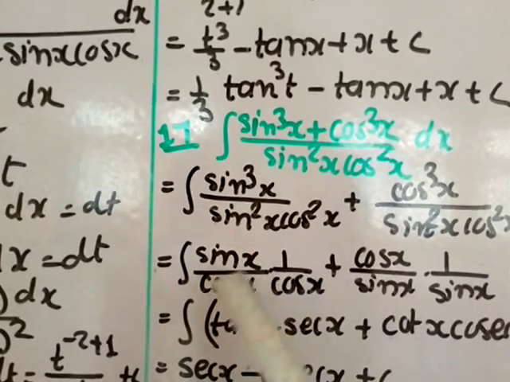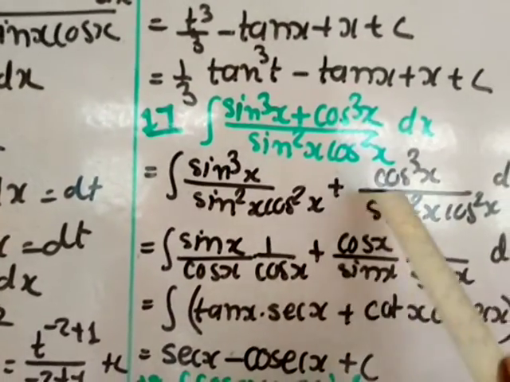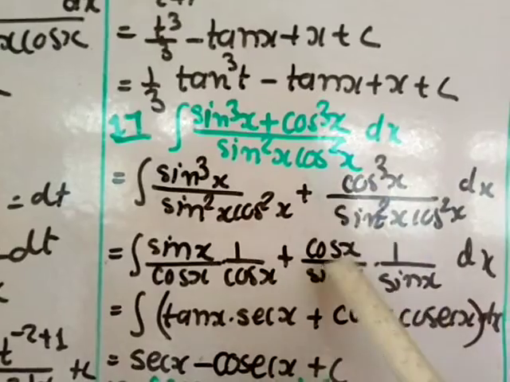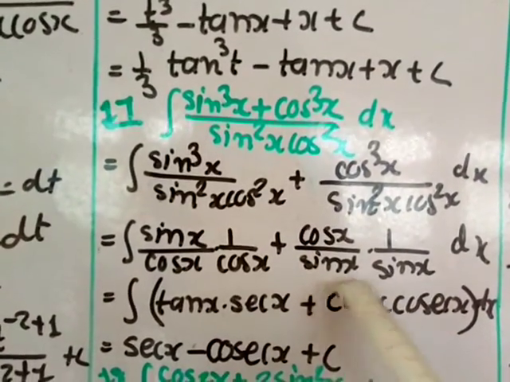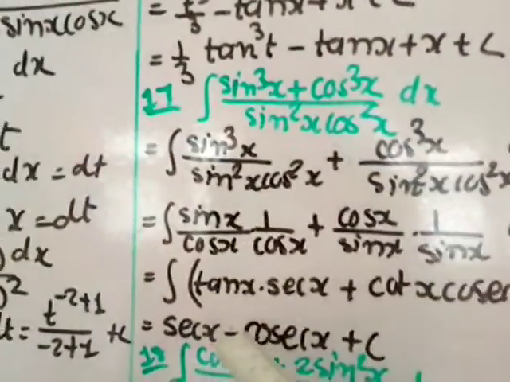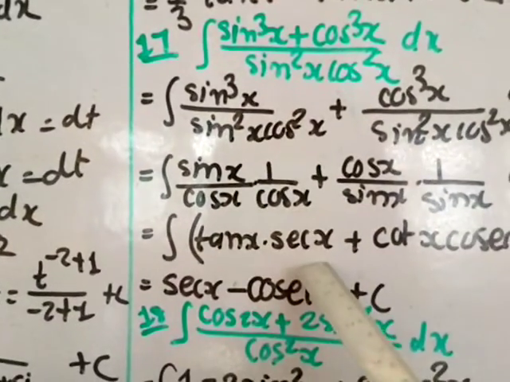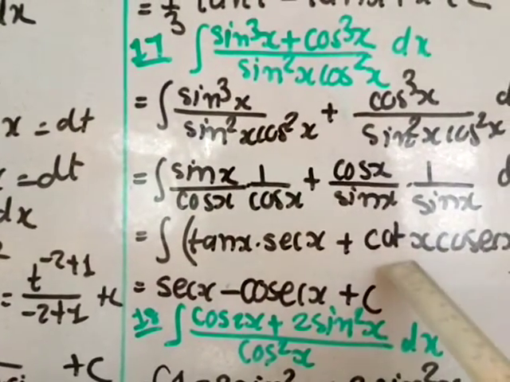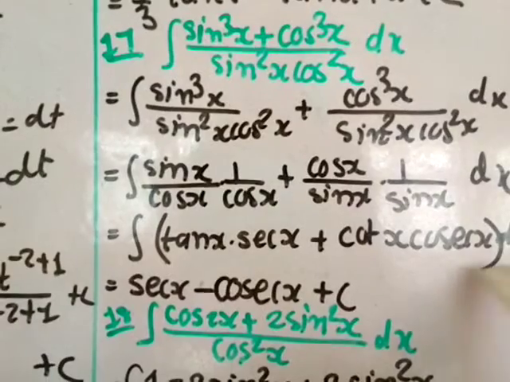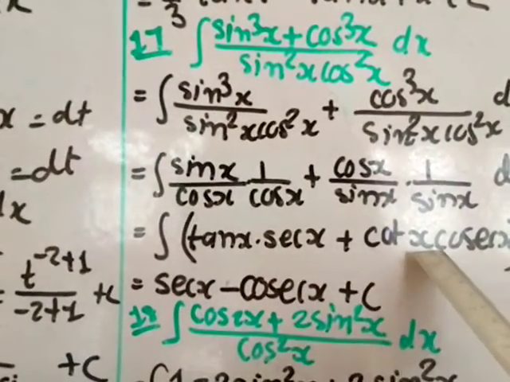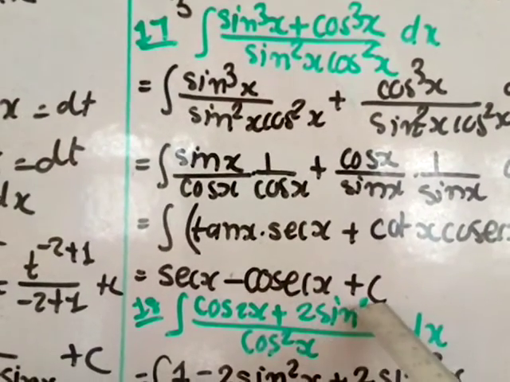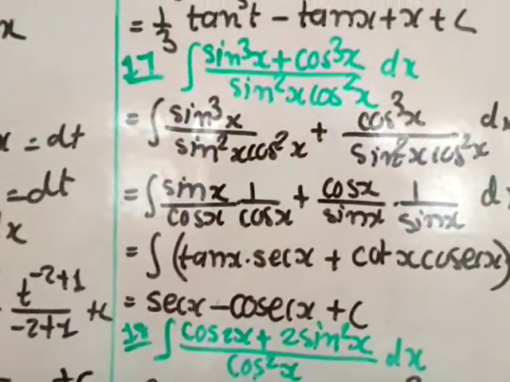And here cos square I am writing as cos into cos, plus here cos square cut, so here remains cos x, and sin square I am writing as sin x into sin x dx. This sin by cos can be written as tan and 1 by cos as sec, plus cos by sin as cot and 1 by sin as cosec x dx. This integral is sec x and this integral is minus cosec x plus c. So that is the answer for question number 17.